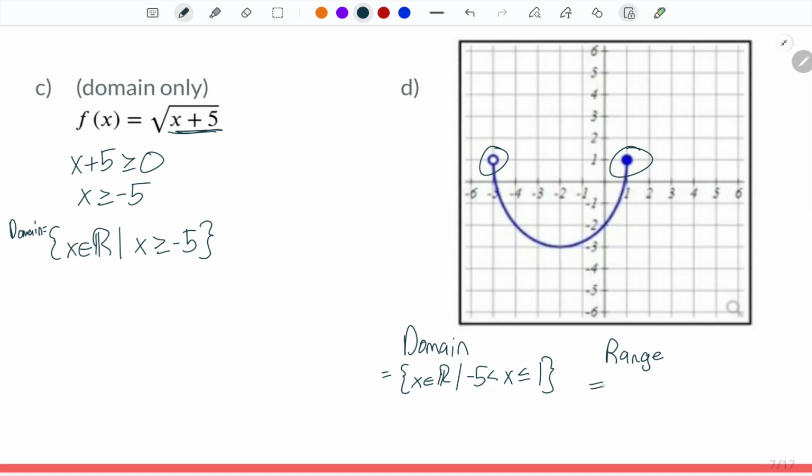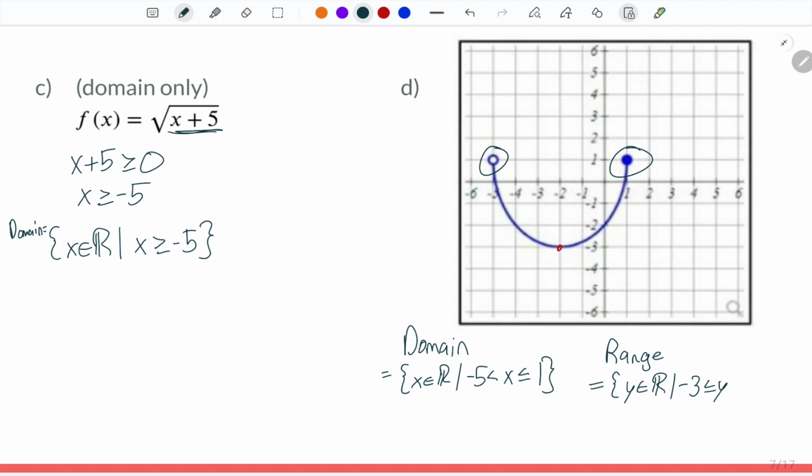For the range, we just need to now look vertically. What's the smallest? It's kind of like a semicircle here. There's a smallest value there. We're going to say it reaches -3. So y could be any real number, and then let's write down the particular interval it's in. So it's starting at -3. That's the smallest. We always like to go from least to greatest.